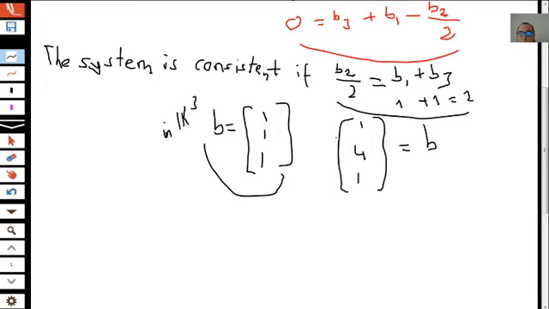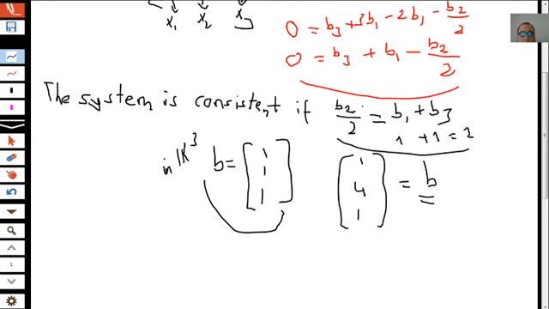So we have a special space for b. This is a subspace of R cube, a subset of R cube.